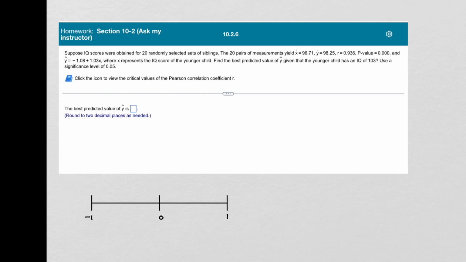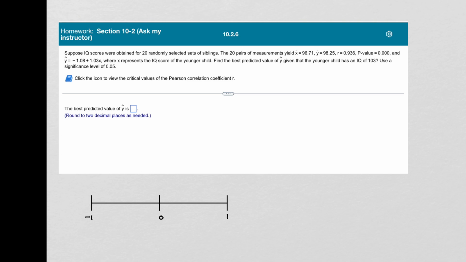So we want to find the best predicted value of, really should be y and not y hat, but the best predicted value of y given that the younger child has an IQ of 103. And we're going to use a significance level of 0.05.